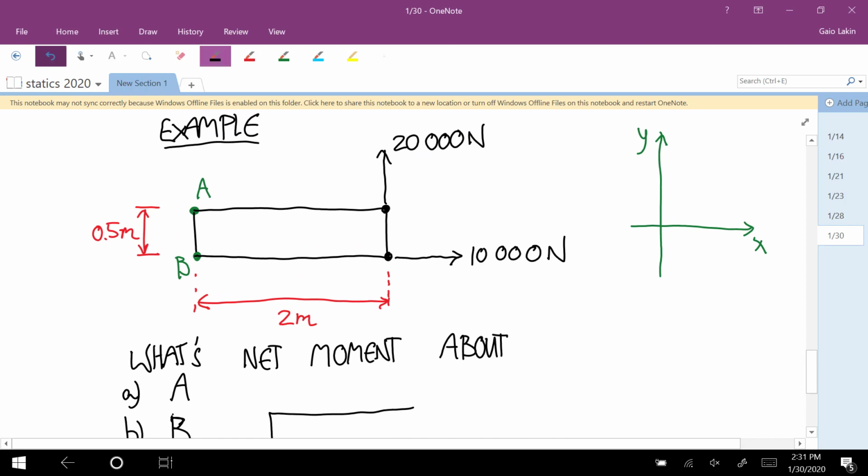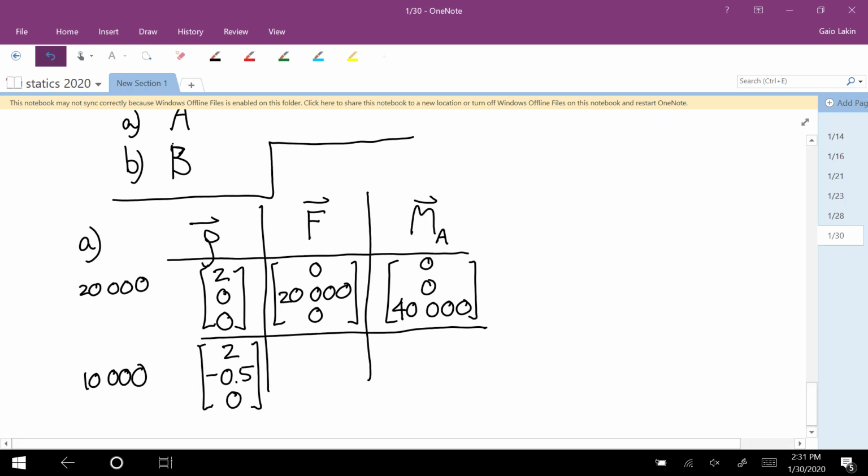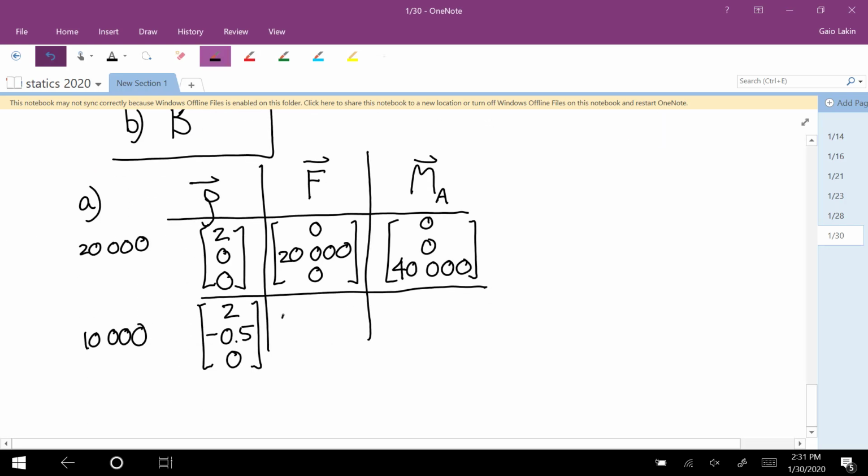The force vector is in the positive x direction, so it's just going to be 10,000, 0, 0. And for this one, again, you get 0, 0. And then the z component is 2 times 0 minus negative 0.5 times 10,000.